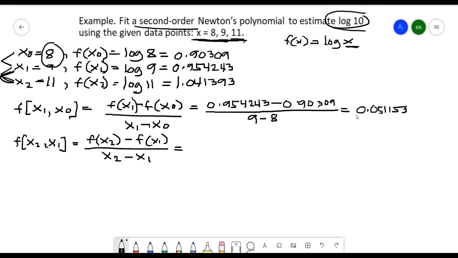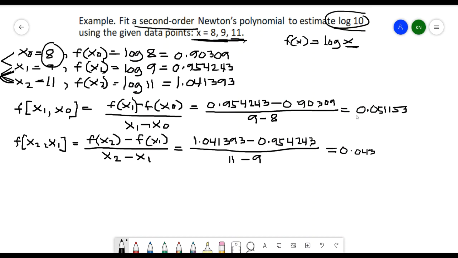That gives us 1.041393 minus 0.954243, divided by 11 minus 9. So that gives us the result of 0.043575.